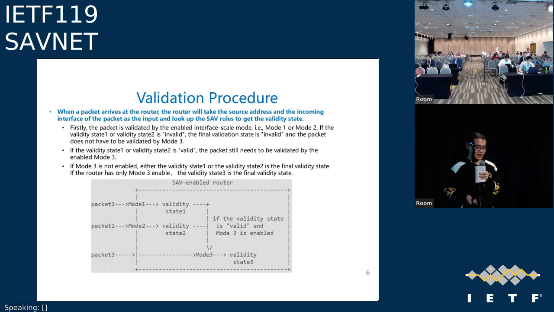If validity state 1 or validity state 2 is invalid, the final validity state is invalid, and the packet does not have to be validated by mode 3. If validity state 1 or validity state 2 is valid, the packet still needs to be validated by the enabled mode 3. If mode 3 is not enabled, either validity state 1 or validity state 2 is the final validity state.